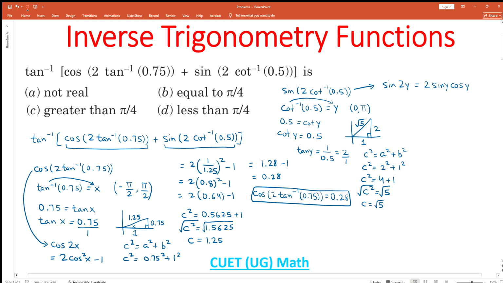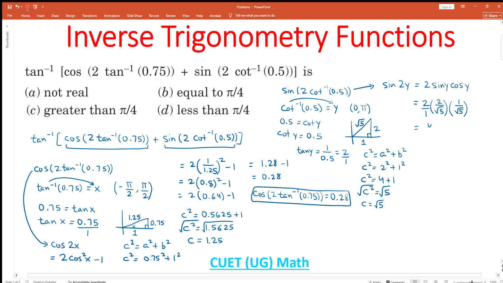Now we can find the values of sine y and cosine y. The formula for sine is opposite over hypotenuse. So sine y is equal to 2 over square root 5. Cosine is adjacent over hypotenuse. So cosine y is equal to 1 over square root 5. Now we can multiply the terms. The denominator of 2 is 1. We can multiply the top numbers and the bottom numbers.